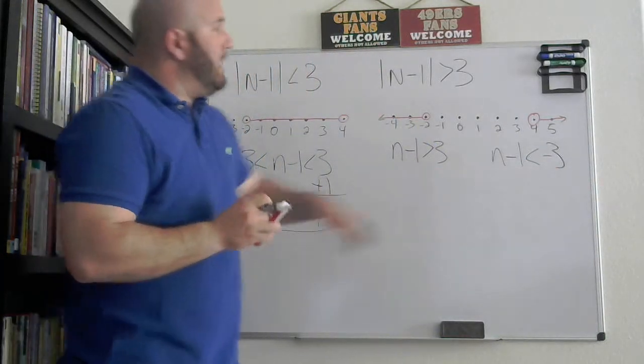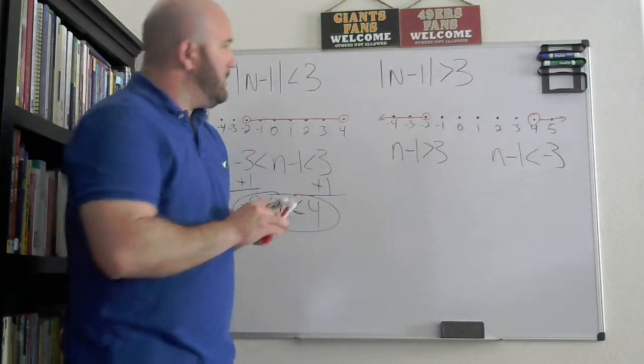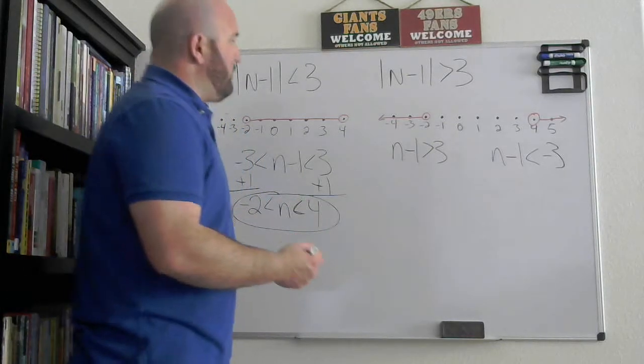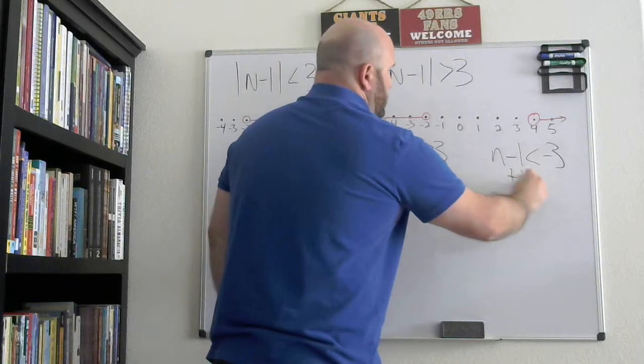And again, any number less than negative 3 is going to send us farther away from 0. And then all you need to do is solve just like we did over here. So we're going to add 1 to both sides.